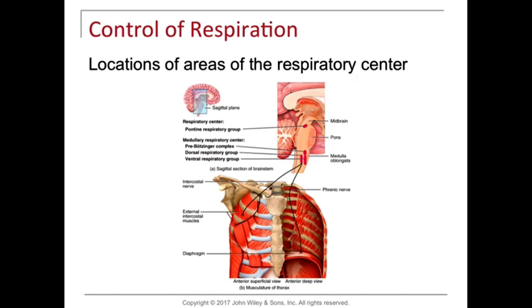In terms of controlling respiration, a large portion of respiration is controlled in the brainstem in a specific region called the medulla. And in the medulla, there are cranial nerves 8 through 12.